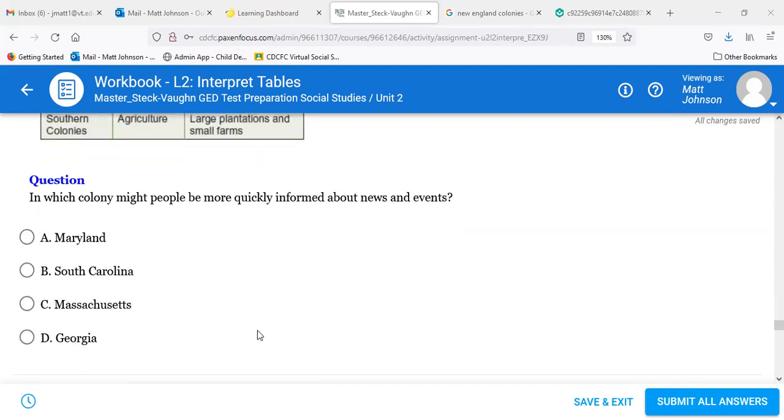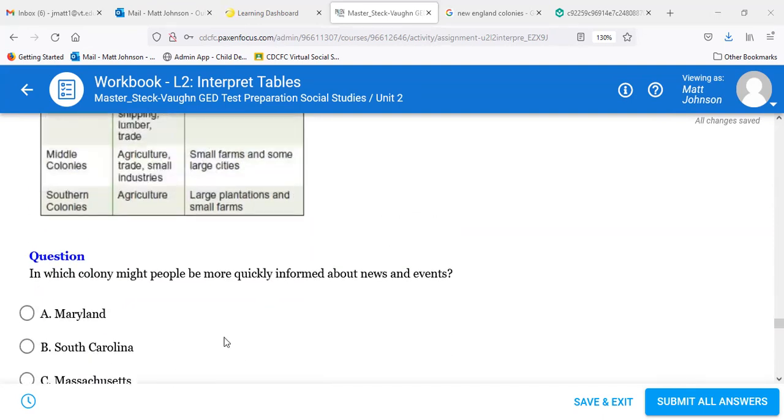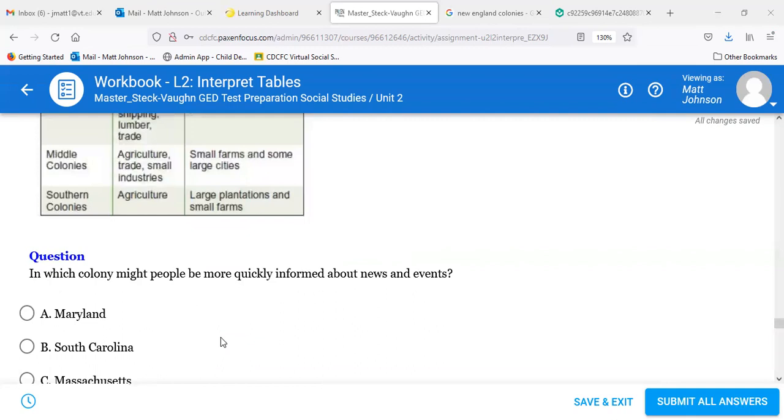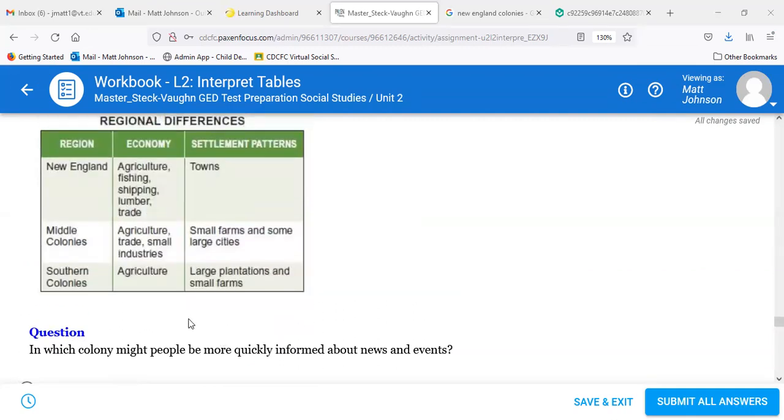That's where you start before you think about the individual colonies, right? Imagine news from Britain. Where do you think it would have arrived first? And how does news spread today?